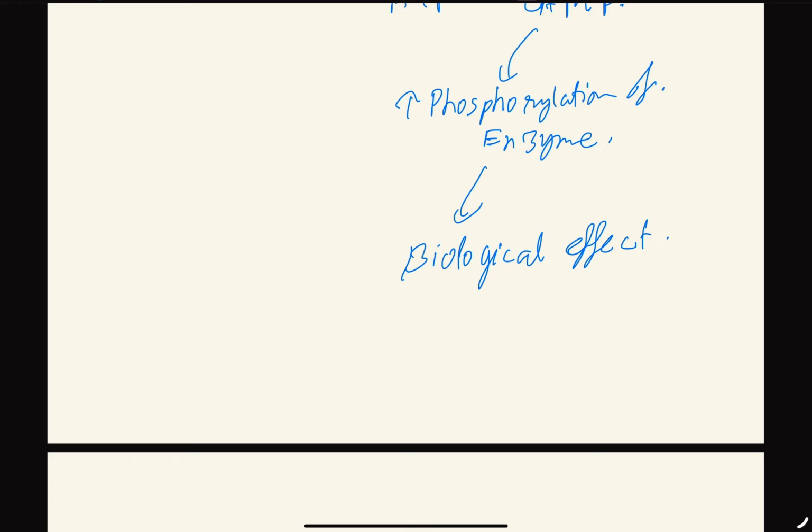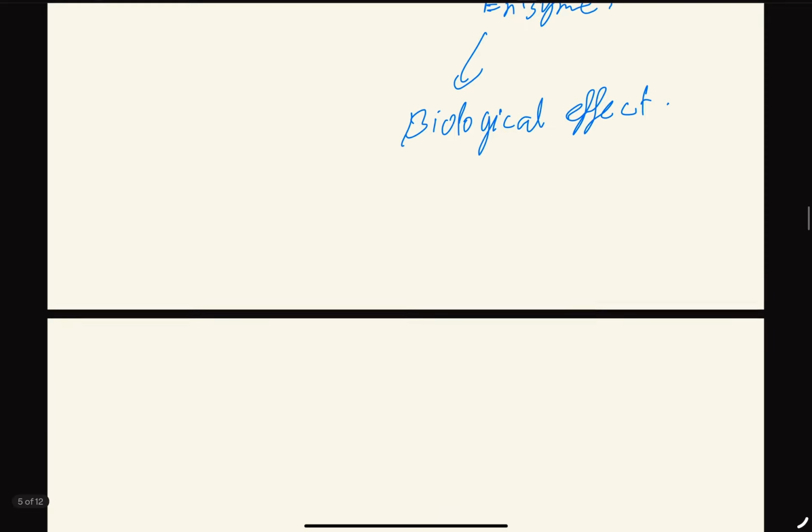Now let's talk about where these receptors are located. When our sympathetic system gets activated, some tissues or organs get stimulated and some are inhibited, right?